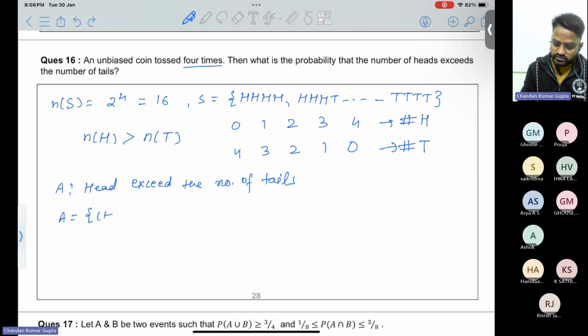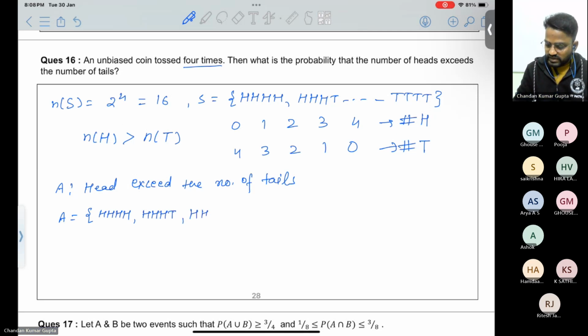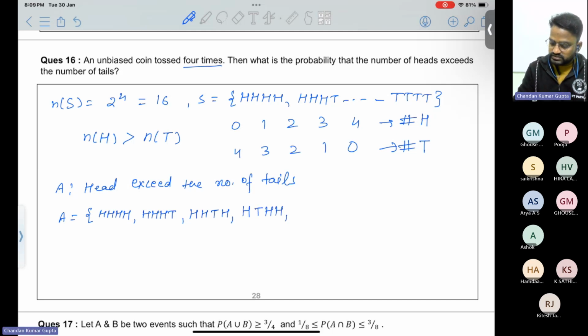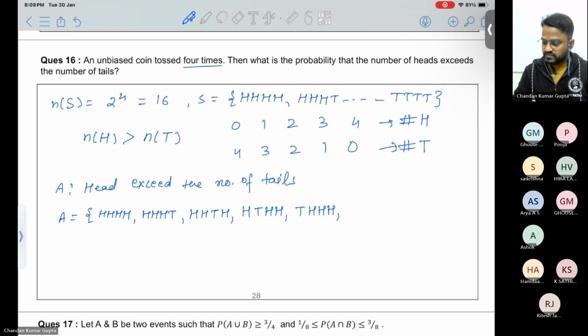The 3 heads first, and then the one with 4 heads. Like the first one is this, then head, head, head, tail, then head, head, tail, head, then head, tail, head, head, then tail, head, head, head. And is there any other possibility that the number of heads is more than the number of tails? No, there is no possibility other than this.